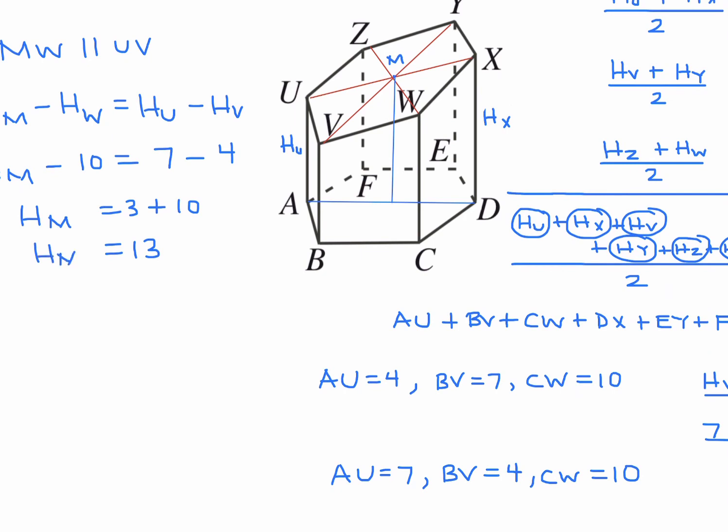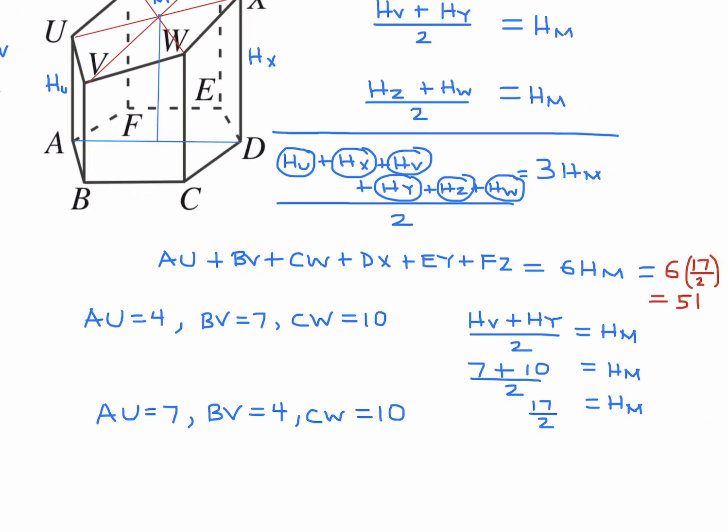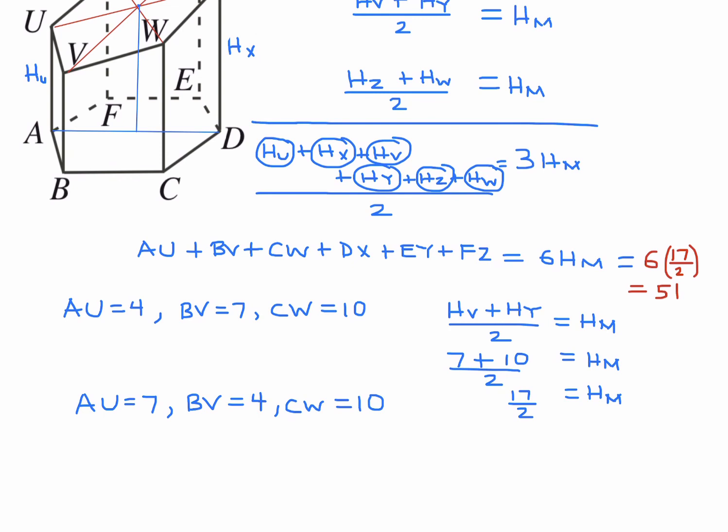So I take my value of HM equals 13, and I come back to my original formula and get rid of this guy, because we need to figure out something new. Then I take HM equals 13 and substitute it. If I do, I get 78. And that is the largest value that we can get.